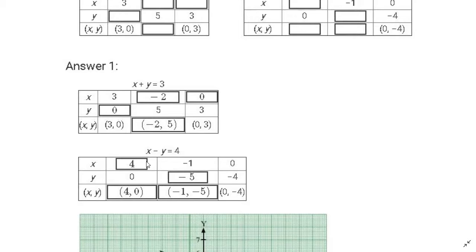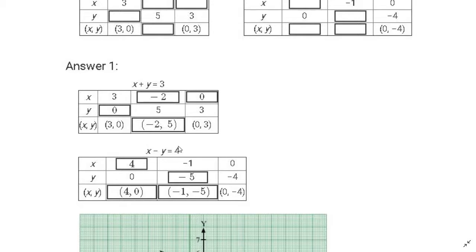Then the second is x minus y is equal to 4. So if we have the value 0, put here x minus y is equal to 4, x minus 0 is equal to 4. Then x is equal to 4. Very simple. Then x is equal to minus 1. If we have x is equal to minus 1, what is the value of y?